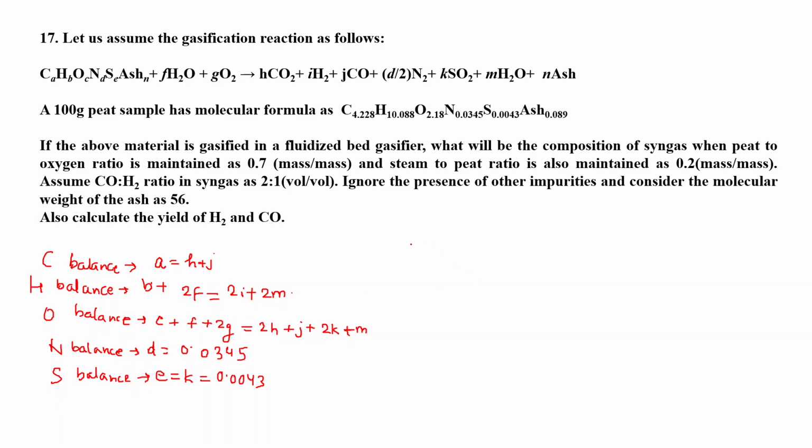Moving forward, what is given in the question is mass of peat upon mass of oxygen ratio, 0.7. So mass of peat is given in the question. With this we can find out mass of oxygen, which will be 100 by 0.7.